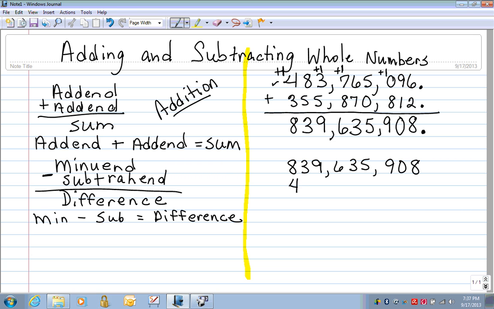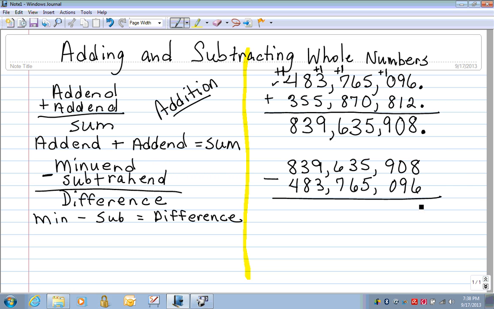Let's subtract 483,765,096. I should get this answer. We'll see if I'm right. This is a part, this is a part, they add up to be a whole. This is the whole, you're taking away one of the parts, so we should end up with the other part. Let's see if we do.